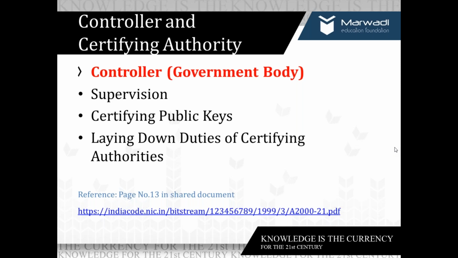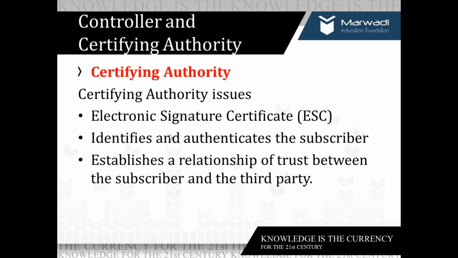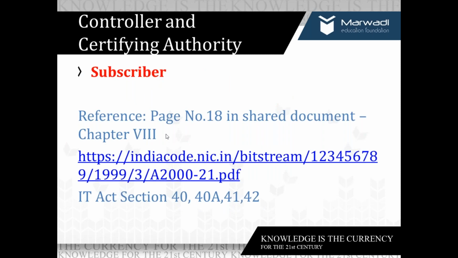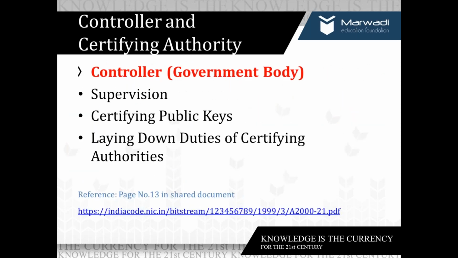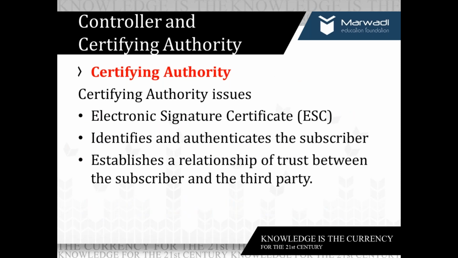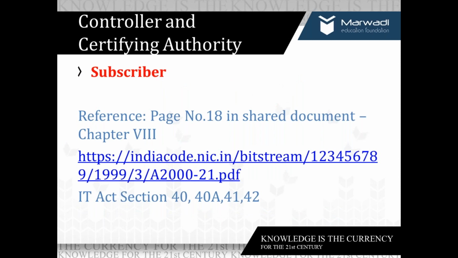Here you can get a clear idea. Just focus on this red line: controller, certifying authority (CA), and subscriber. 3 terms. I repeat: controller, second is certifying authority, and third is subscriber.